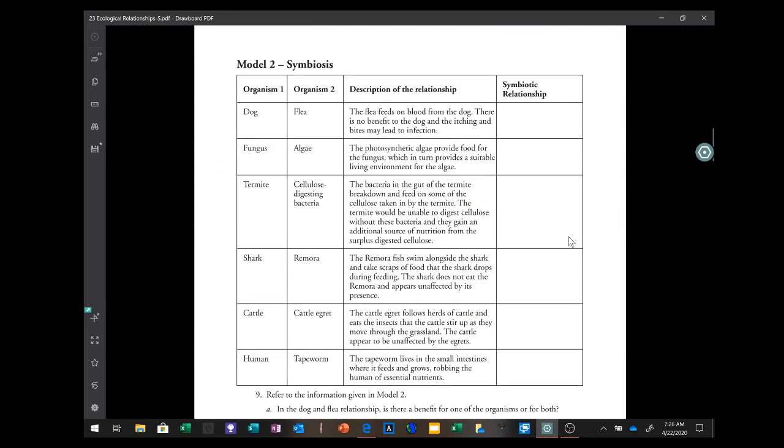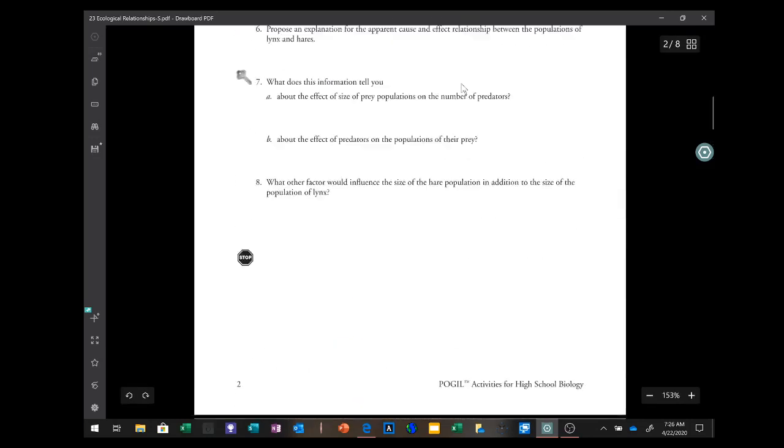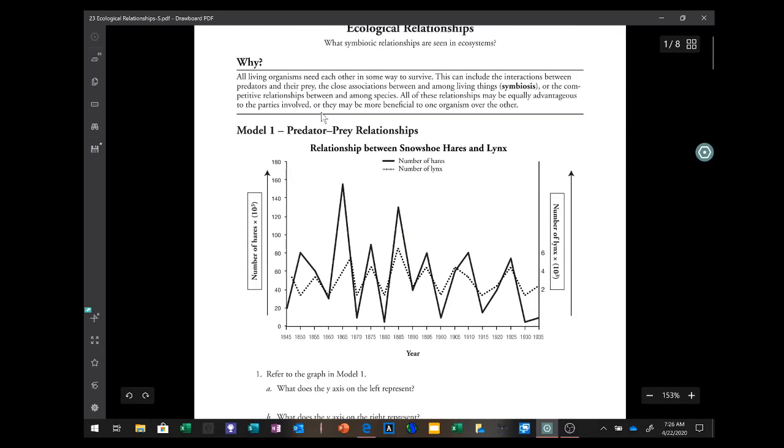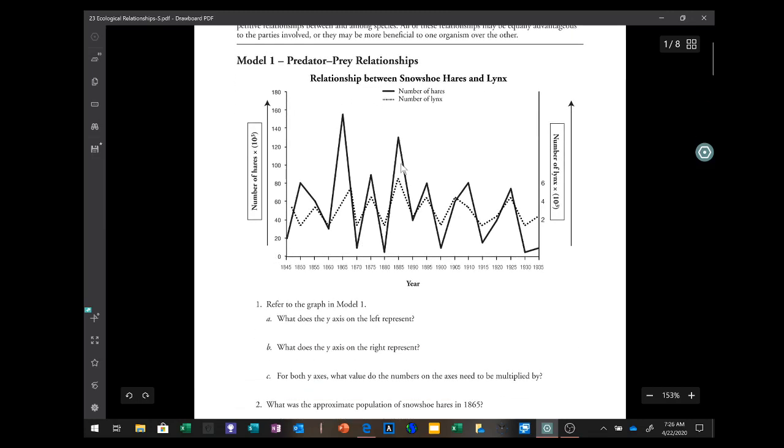But what I want you to do here is look at Model 2. And we're looking at a couple of different symbiotic relationships. You looked at one yesterday, predator-prey. And the cool thing about that is that you can see the populations go up and down. So the idea is that the hare, or the rabbit, is basically food for the mountain lion. Hares reproduce very quickly, rabbits reproduce very quickly.